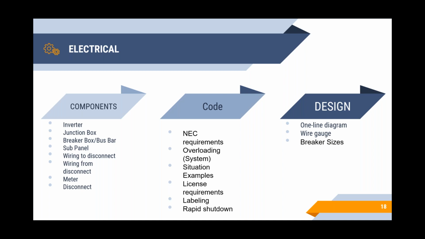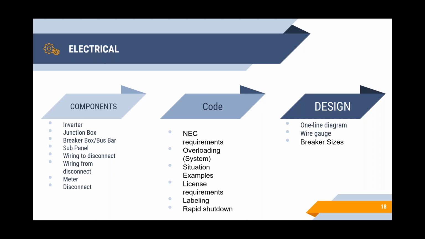Labeling is a very big part of every job, and it's part of the safety requirements that are needed for utilities and for first responders for them to know how to turn down the system. As well as labeling is rapid shutdown, which is part of those NEC requirements, and rapid shutdown is basically being able to turn off the DC side of the system to where it's not producing any power, and how is that being done, and it can be done in a couple of different ways.